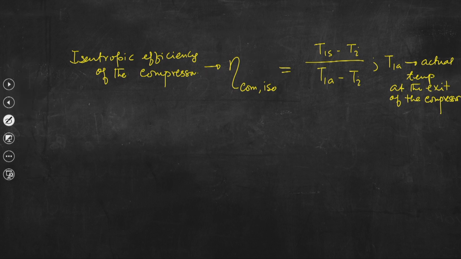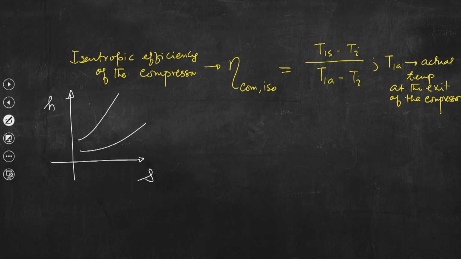So, let me draw this just for the sake of completeness. If we draw the compression process, this is H, this is S, this is Pi, and this is P1, so this is 1s, but the actual compression process would be like this, and this is 1a, right.